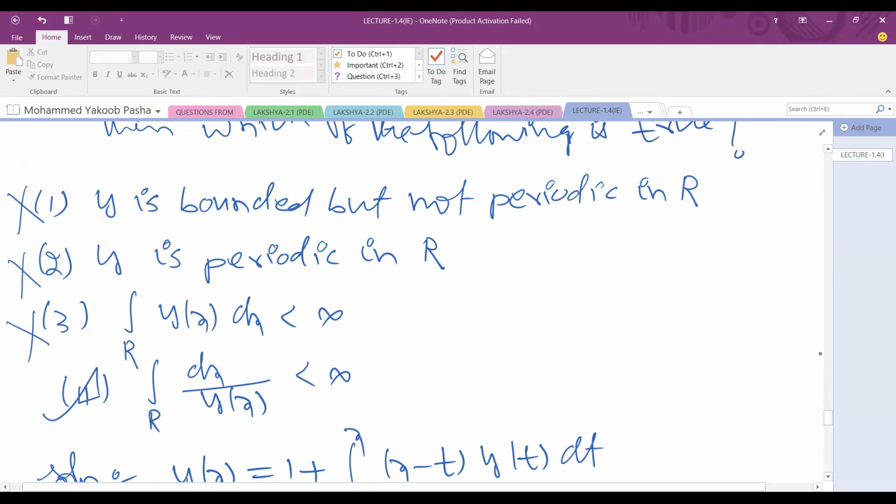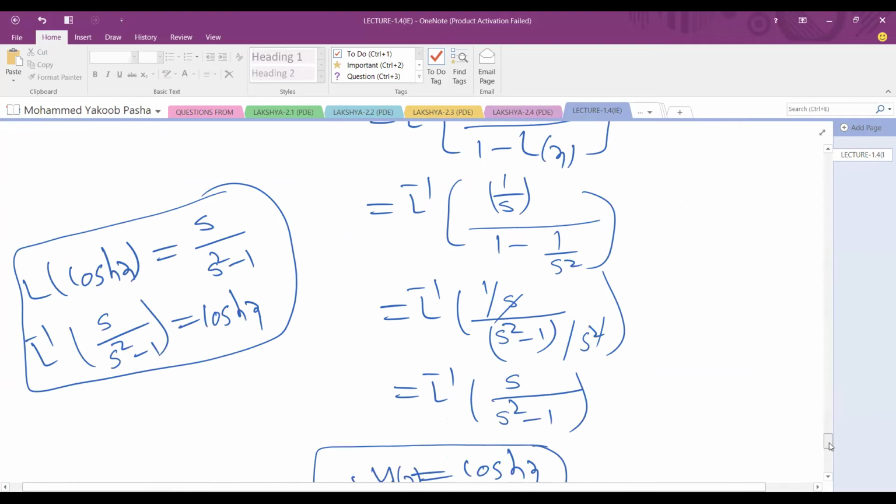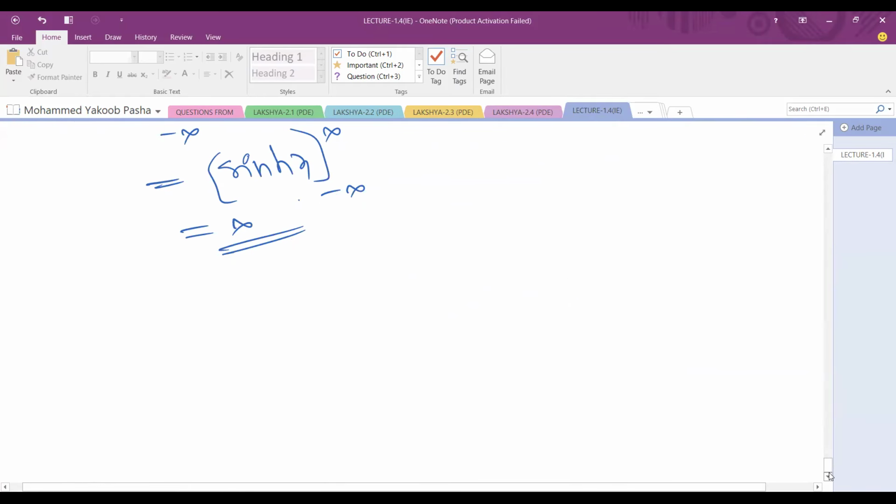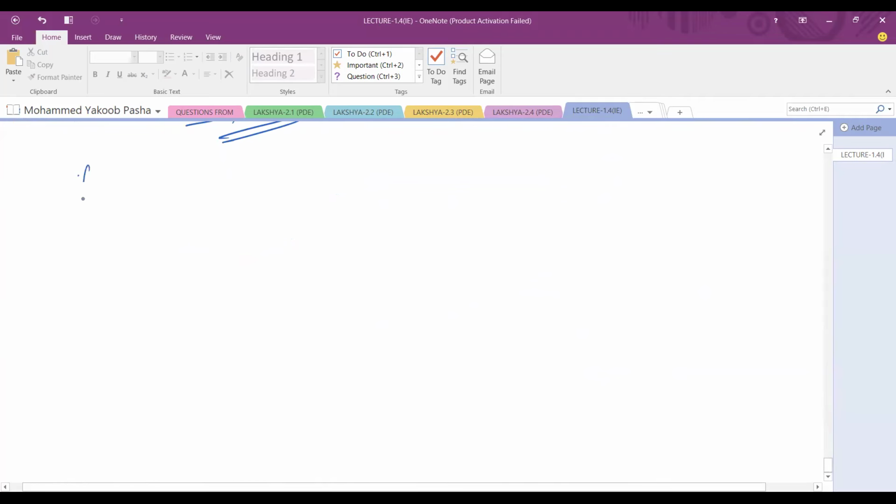How do we check whether the fourth option is correct or not? What is the fourth option? Integral over R of 1 by y of x dx, in other words dx by y of x. Integral over R means minus infinity to plus infinity dx by cos hx.